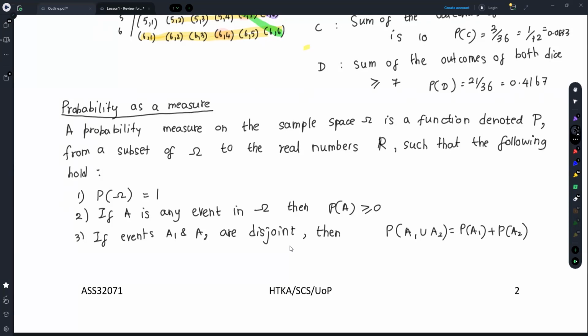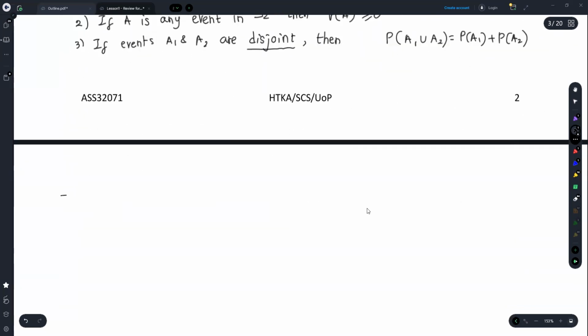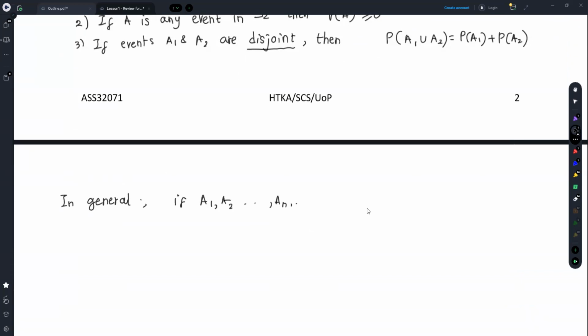This is if A1 and A2 are disjoint: P(A1 ∪ A2) = P(A1) + P(A2). In general, you can generalize this to any number of events, countable or infinite. So let's say you have A1, A2 up to AN and it continues. You have a sequence of pairwise disjoint events.